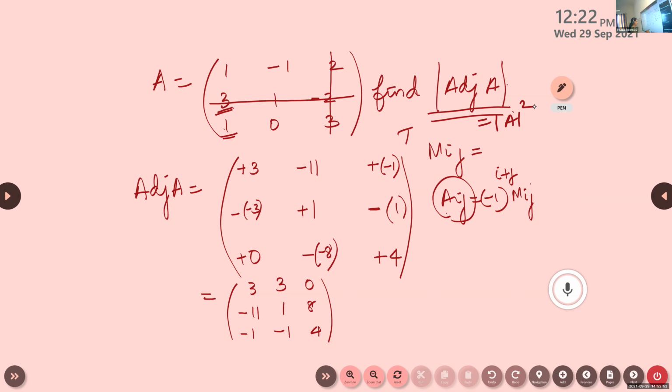Same way here also you can find the determinant. If you want to take the determinant, 3 into 4 plus 8 minus 3 into minus 4 plus 8. So it is 12 into 3 minus 3 into minus 36. Is it 36? No, 38. Is it correct?